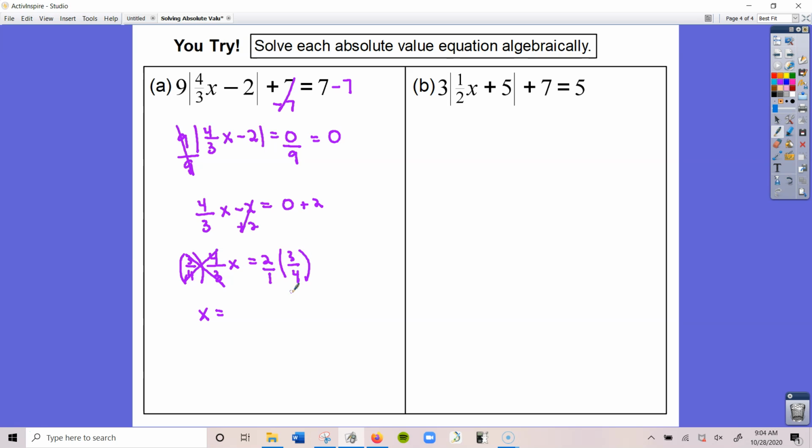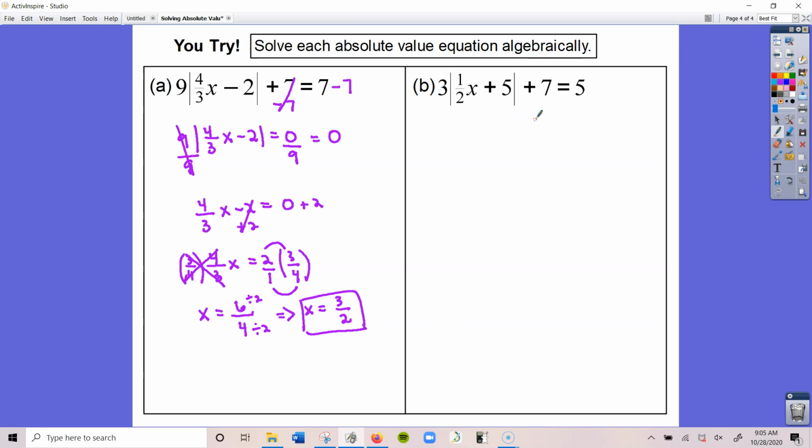Remember that we can put this over 1 and just multiply straight across. 2 times 3 is 6, and 1 times 4 is 4. And this can be simplified. 6 and 4 are both divisible by 2, so I'm going to divide both the numerator and the denominator by 2. So x is equal to 3 over 2. And this is my one solution.